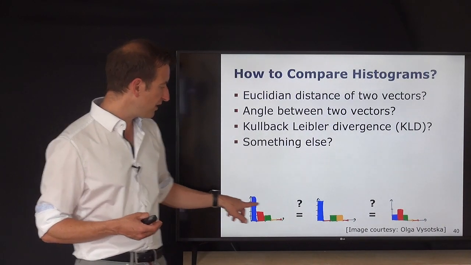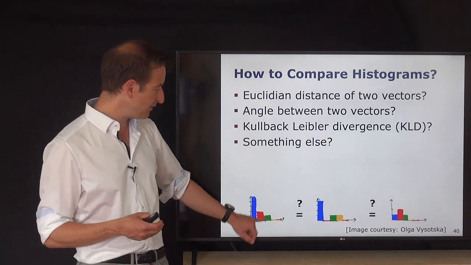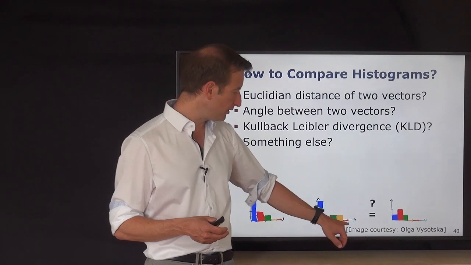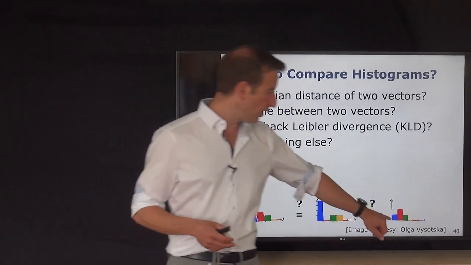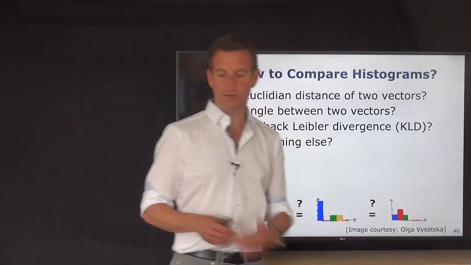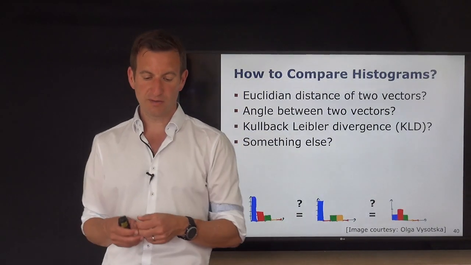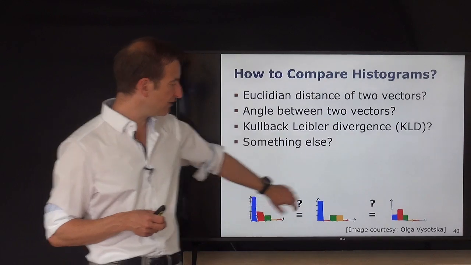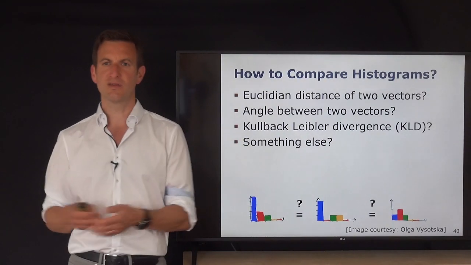Consider this is just a vector of counts. So in this case 5, 2, 1, 0, 0. In this case 4, 0, 1, 1, 0. 1, 2, 1, 0, 0, and so on. So there are different ways we can do this. One thing would be the Euclidean distance of two vectors. So we treat those as vectors, just the counts that we have.